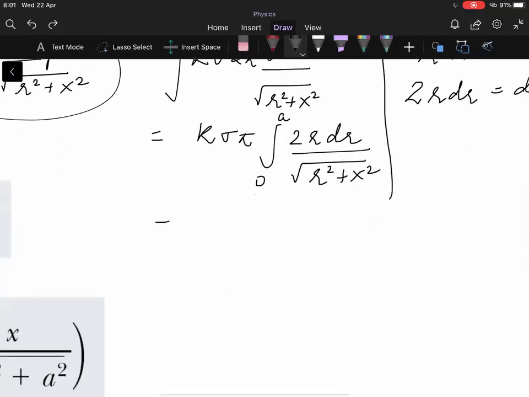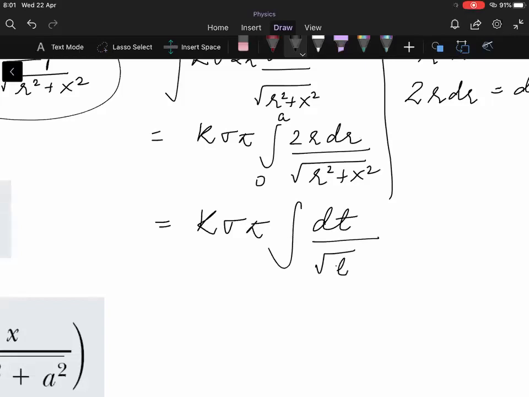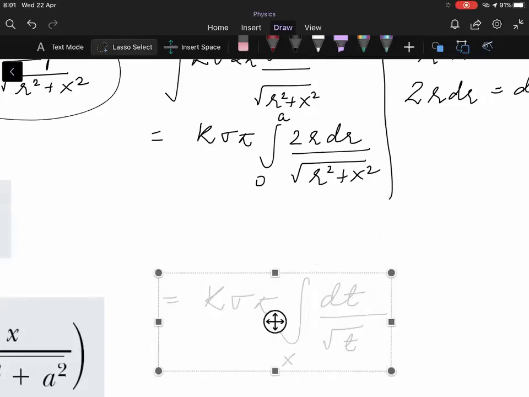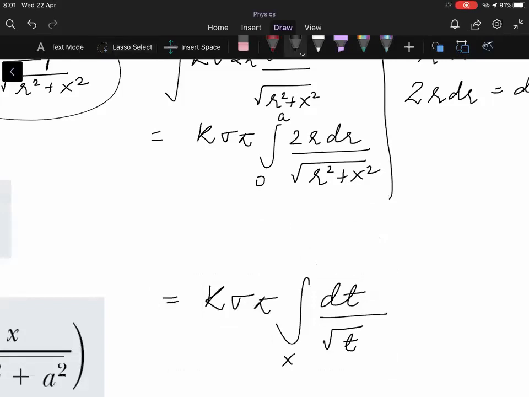Now this expression will become k sigma pi dt upon root of t. What is the lower limit of t? x. What is the upper limit of t? Root of a square plus x square.